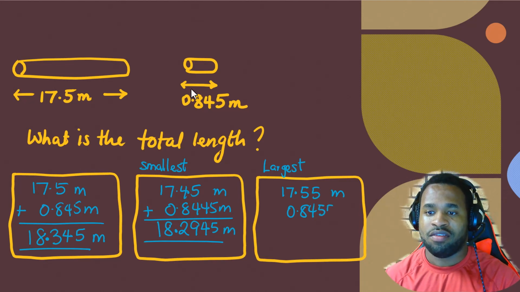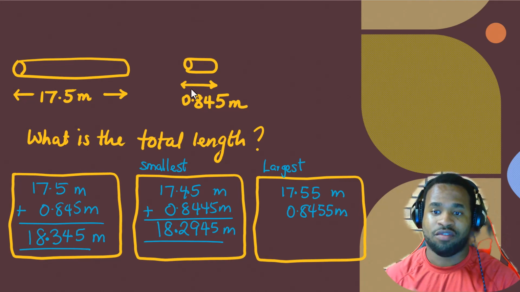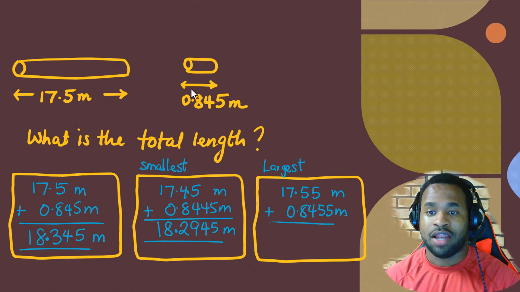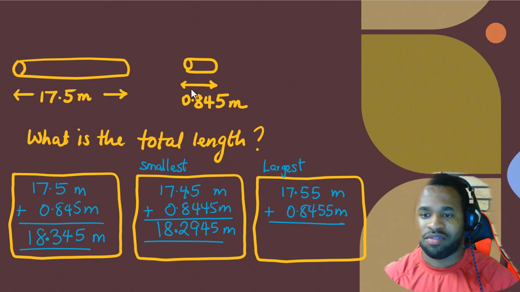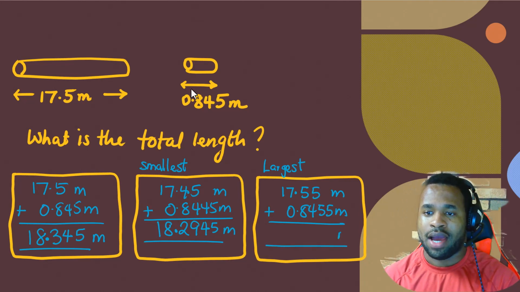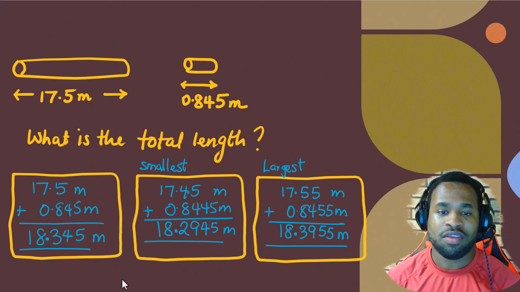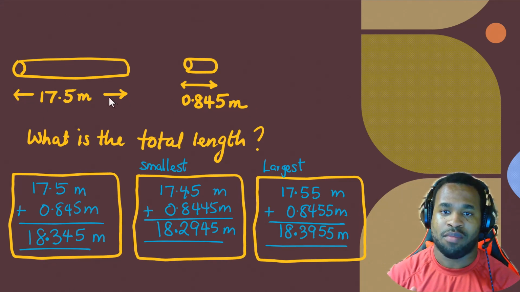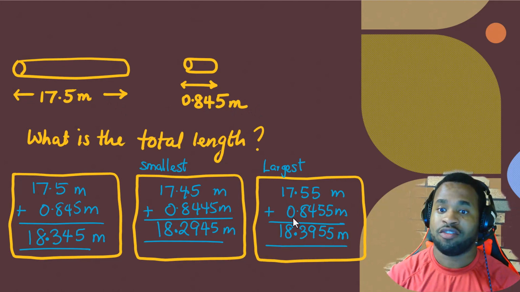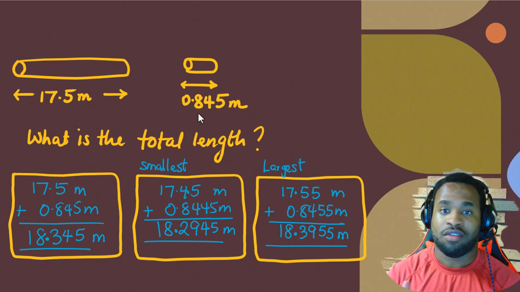So this here is the largest possible value for these not exact numbers. Therefore, adding them together, this here is the smallest possible value for the sum, and this here is the largest possible value for the sum.